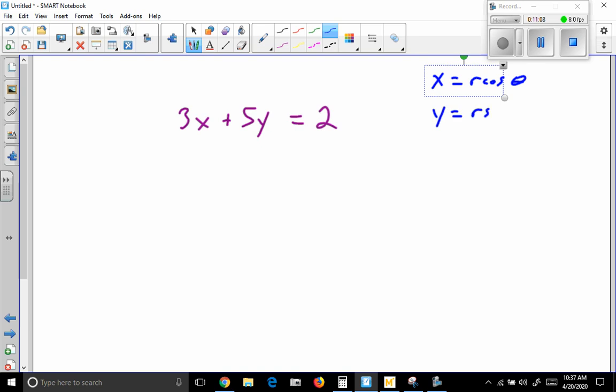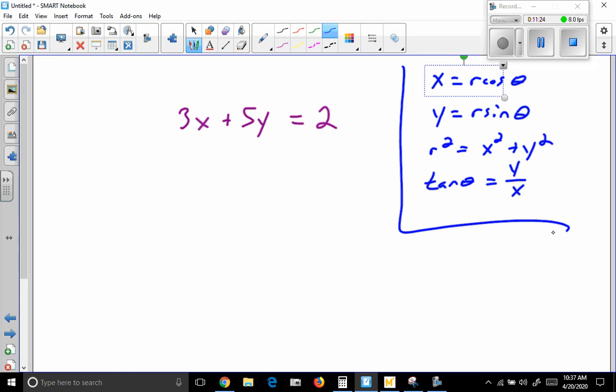Y is r sine theta. R squared is x squared plus y squared. And tangent theta is y over x. So we just want to use these formulas to transform this equation from x and y to r and theta.